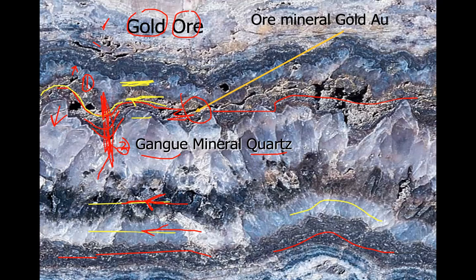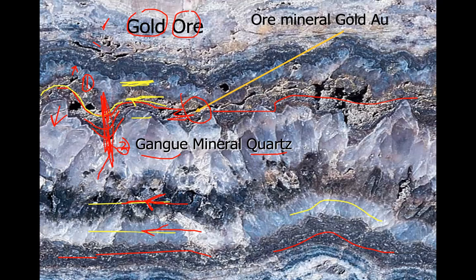We call this second type of mineralization post-tectonic mineralization. Tectonic means this folding event. Therefore, we may see another mineralization which you can refer to as post-tectonic mineralization.